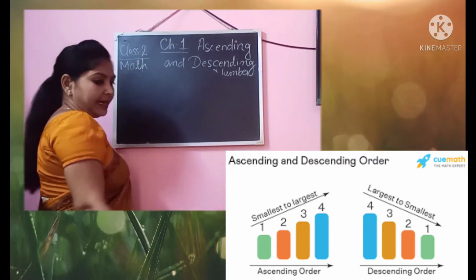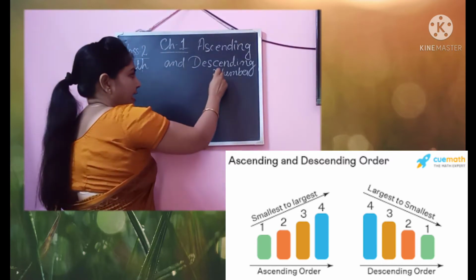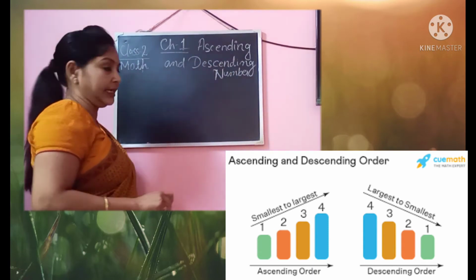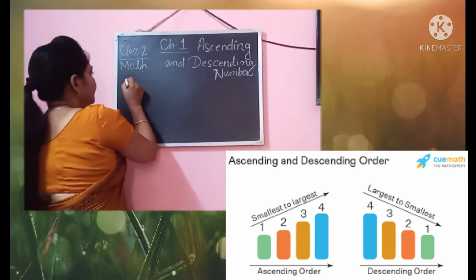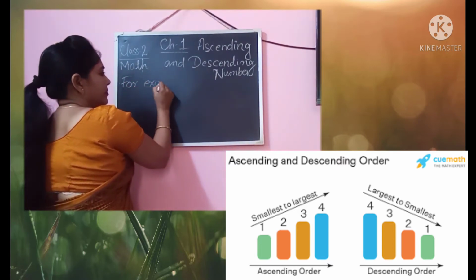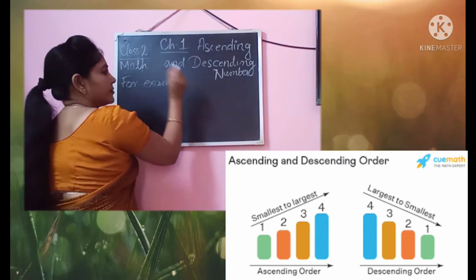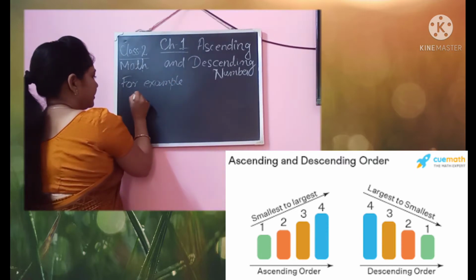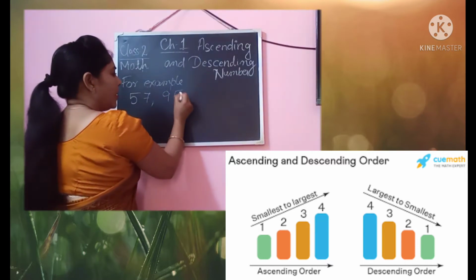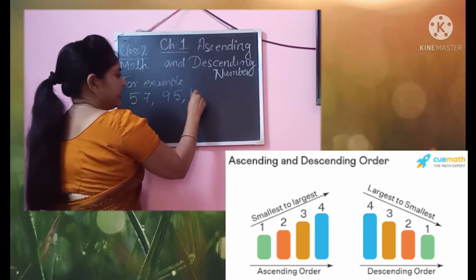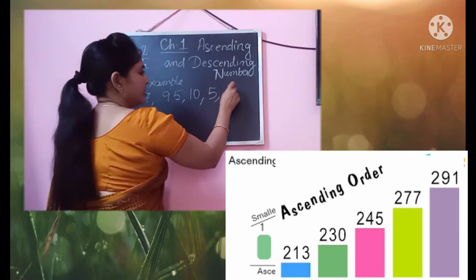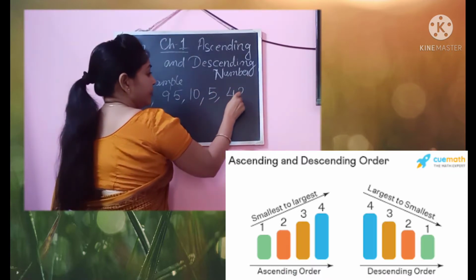Like I'll take one example. Say I'll be taking 2-digit numbers. For example, say 57, 95, 10, 5, say 42.